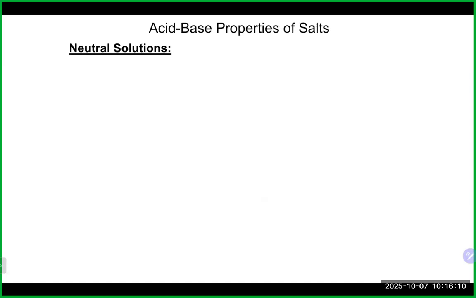Let's talk about first, though, salts that are neutral. As I mentioned before, there are certain salts that are neutral, and these salts are really the ones we just made on our list that do not go through hydrolysis. These are salts that originated from a strong acid or a strong base.